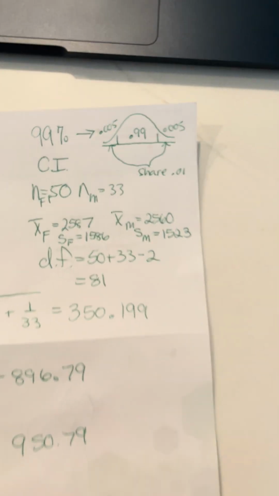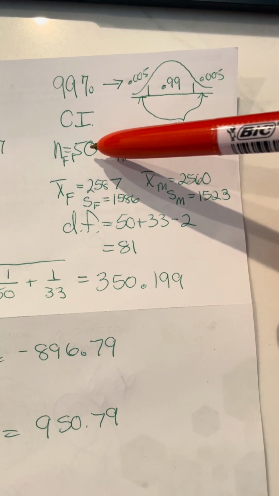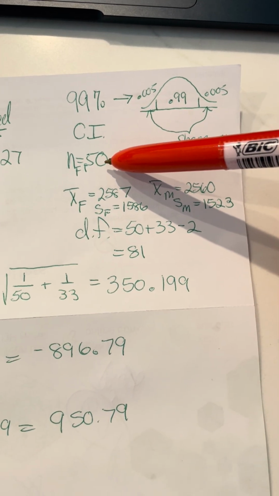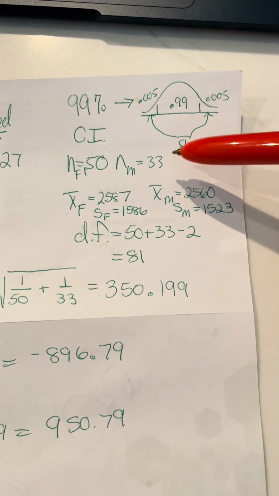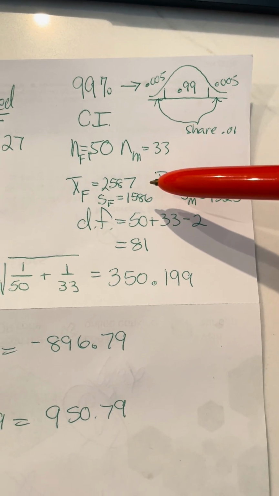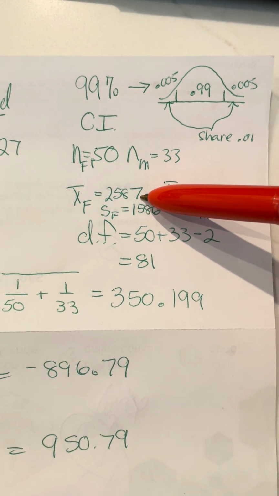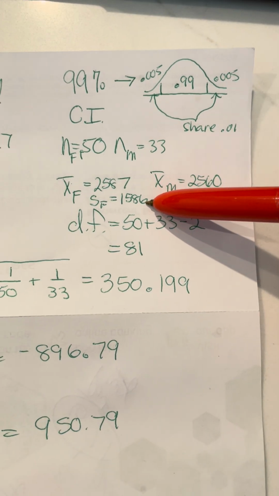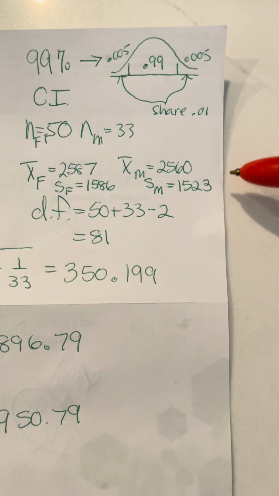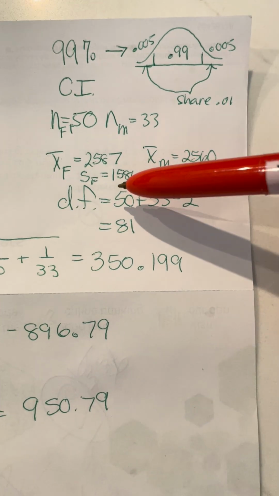All right, so I'm gonna pull away from that screen and show you the work that I did. First of all, I took the information and put down that for the sample size of females, I have 50, for males, 33. I have the X bar for females, 2587, the X bar for males, 2560, and the standard deviation is 1586 for females, and the standard deviation for males is 1523.